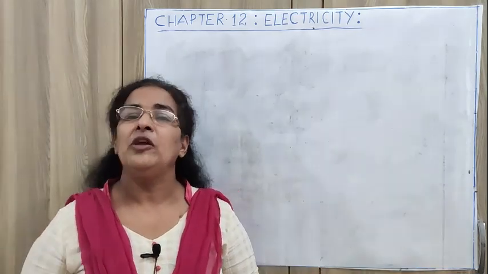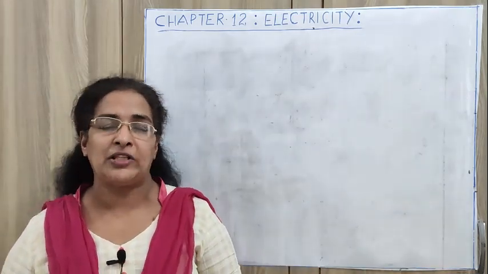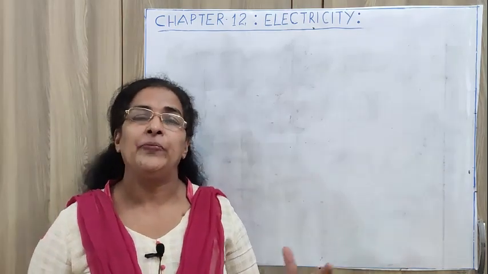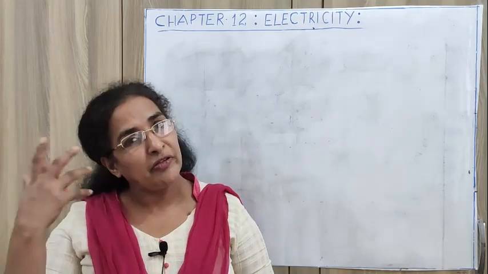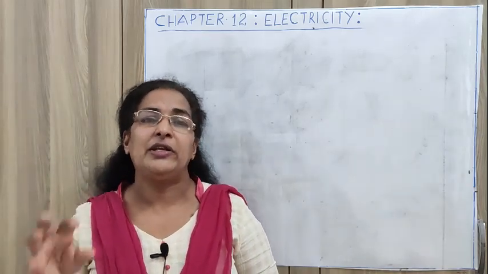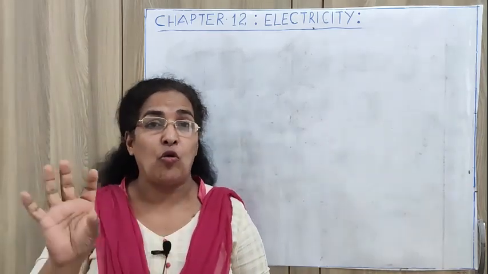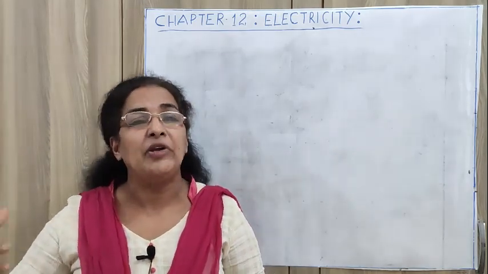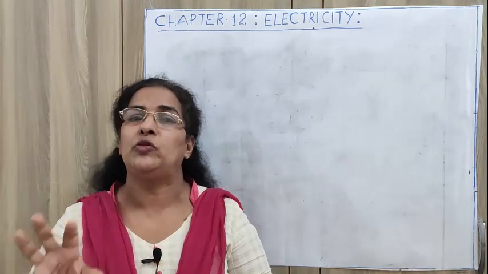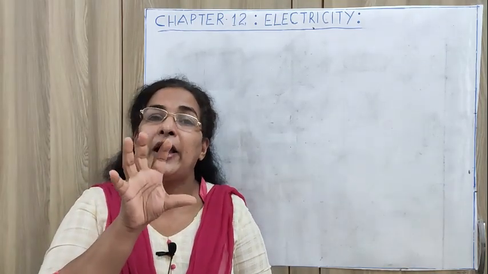But we have some very useful consequences also. For example, as I have already told you, the bulb will be glowing. We are getting the light energy because of heat energy. Here, where is the heat energy? The tungsten filament, which is a very strong metal having a very high melting point, will be heated up. It will retain that heat. So thermally that filament should be isolated.